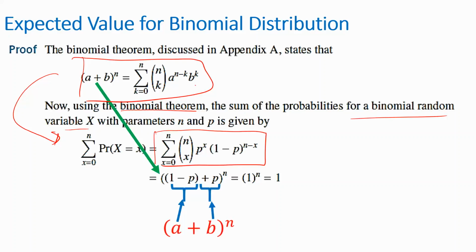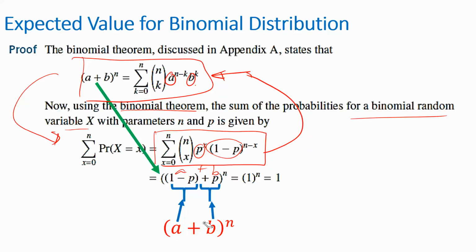All to the power of n is exactly the same. I'm just rewriting this. So these two, I'm just rewriting with different variables. So instead of a, I have p. Instead of b, I have 1 minus p. That's why it's a plus b to the power of n.